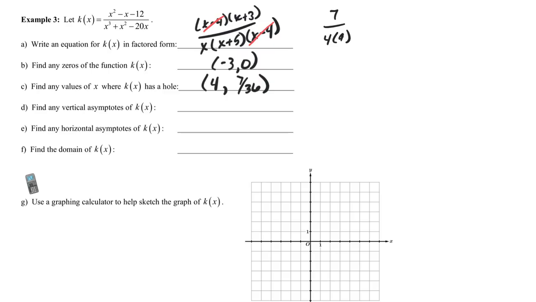Do I have any x's left over for vertical asymptotes? Well, I actually have 2. I have the GCF, which will give me x equals 0, and then the other factor gives me x equals -5. How about horizontal asymptotes? I actually go back and look at the original function for my horizontal asymptote, because I'm looking at the first term, the degree of the numerator and the degree of the denominator.